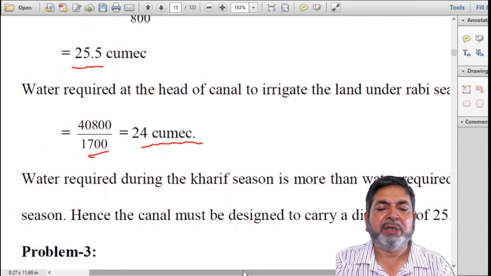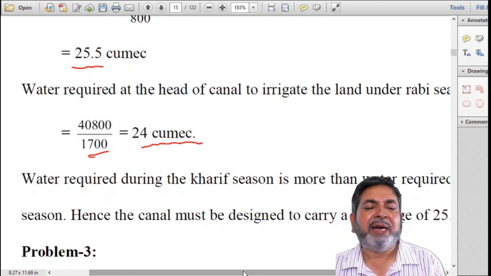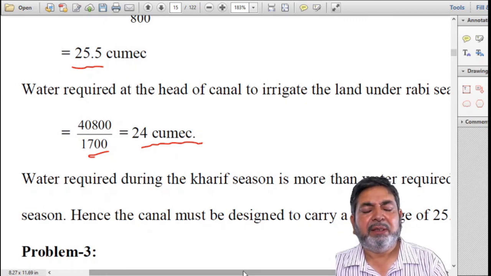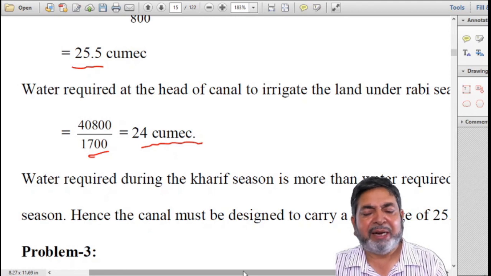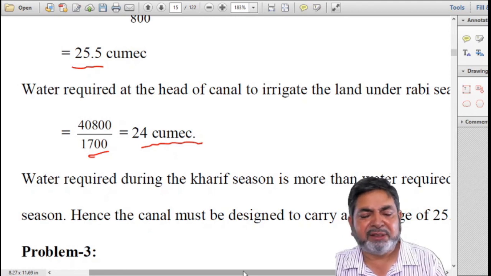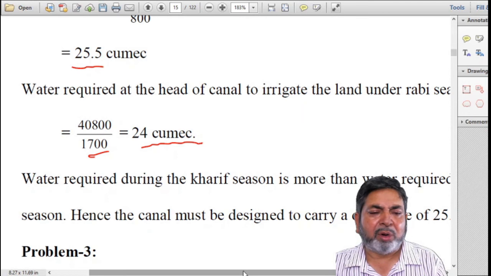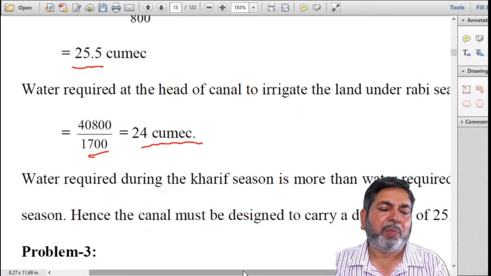Here the discharges will not be added, because this requirement is in different seasons, and this requirement is not in one season. Had this requirement been in one season, then these would have been added. But as they are in different seasons, they are not overlapping, so we have to take the maximum one.